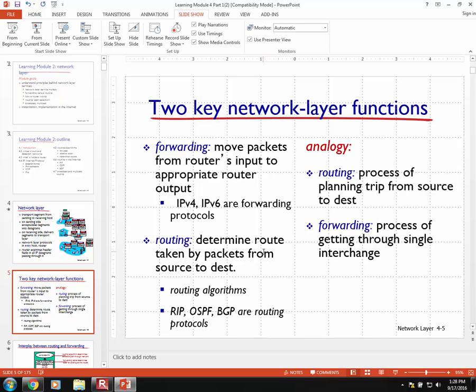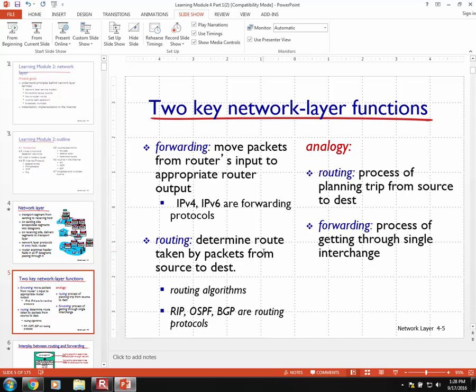So as I said, there are two key network layer functions that are conducted by the routers in a network, and they're basically related to each other. The first one is forwarding. That's basically moving packets from the input to the appropriate output on the router.